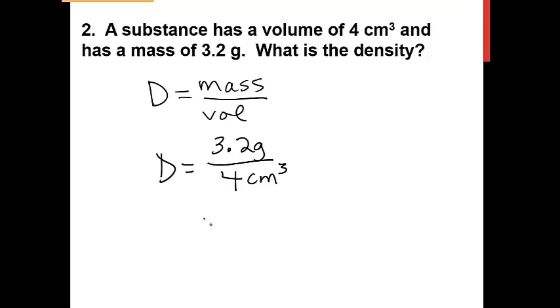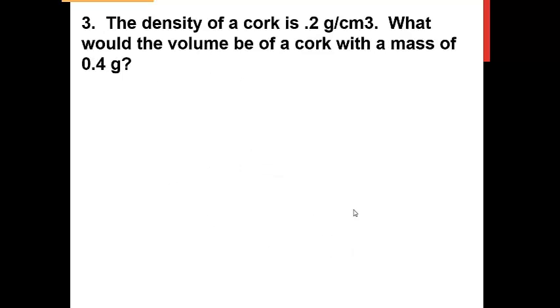When you calculate out your answer, we get 0.8. We know that we're only allowed one significant digit because the 4 only has one, and it's the lowest amount. Notice our units cannot cancel, so this object, whatever it is, has a density of 0.8 grams for every 1 centimeter cubed. 0.8 grams per centimeter cubed would be the density.